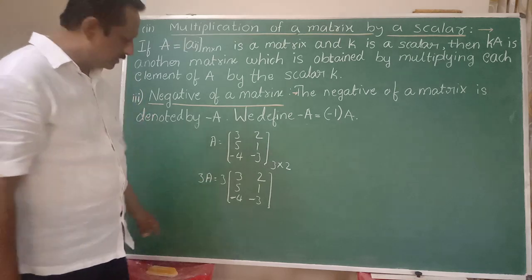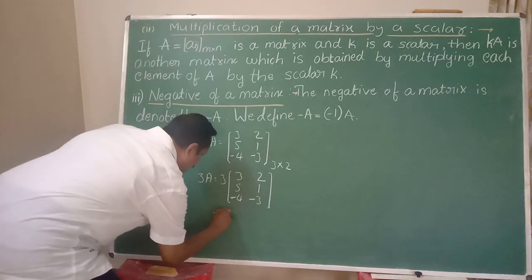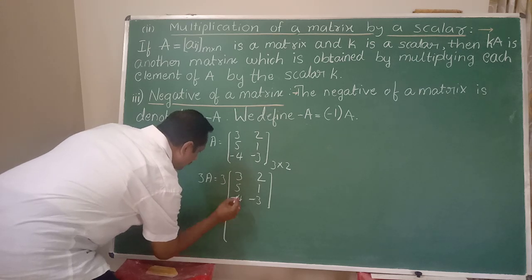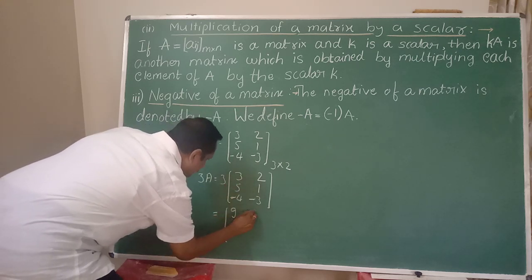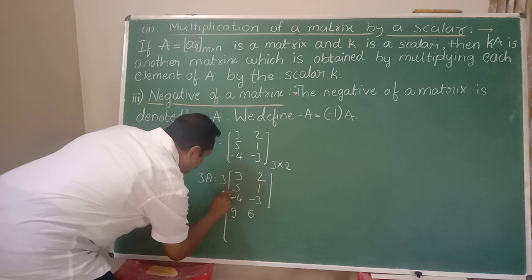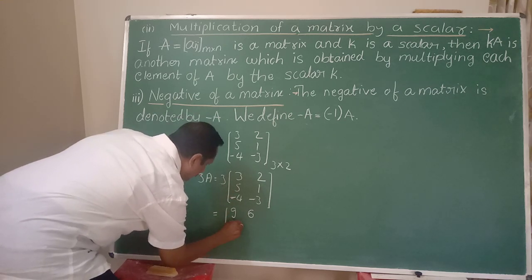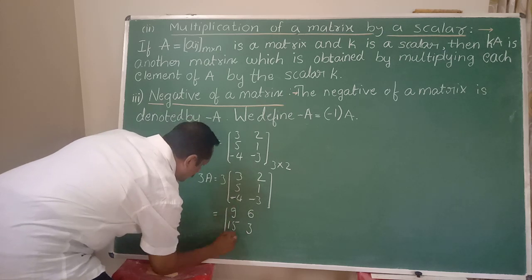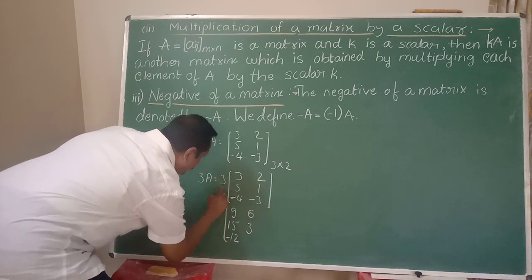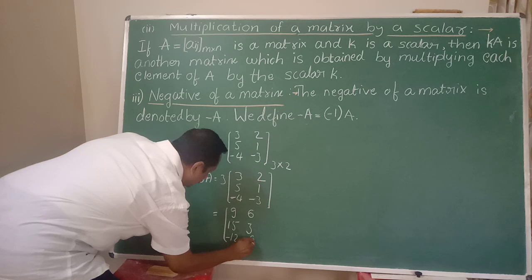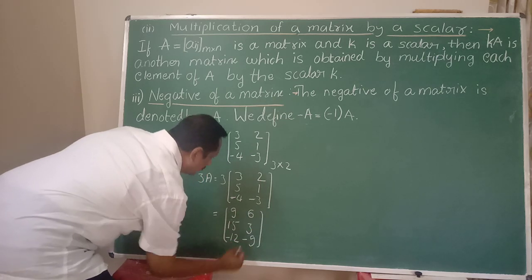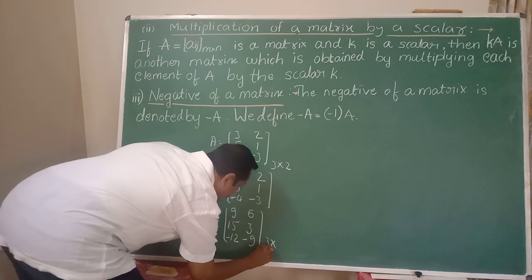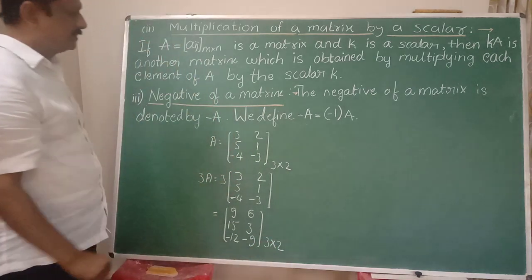Therefore, this is equal to 3 into 3 becomes 9, 3 into 2 becomes 6, 3 into 5 is 15, 3 into 1 becomes 3, 3 into 4 is 12, it is minus 12, 3 into 3 is 9, it is minus 9. After multiplication, you get one more matrix. Its order is 3 into 2 only.